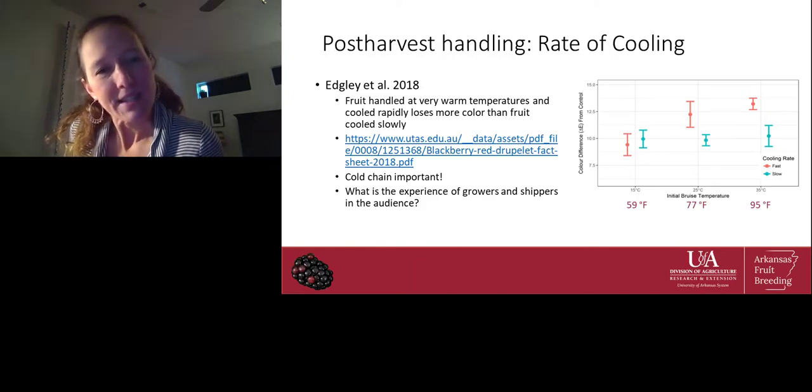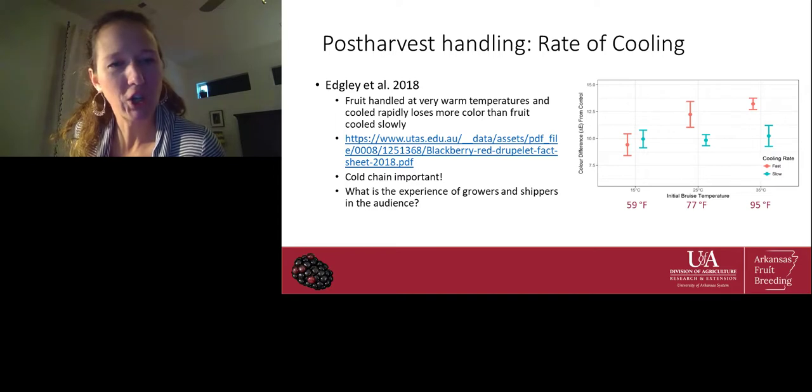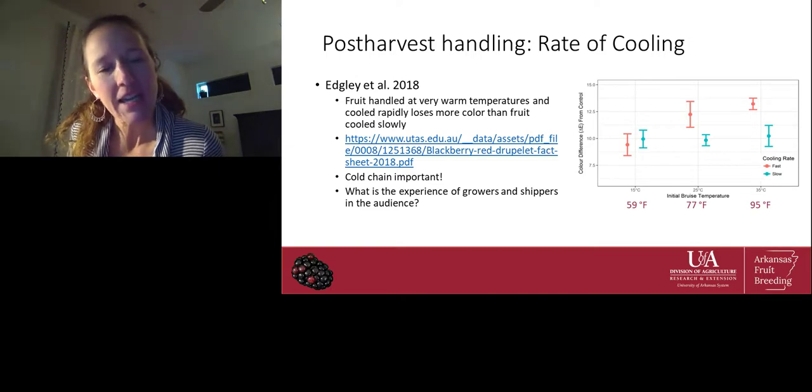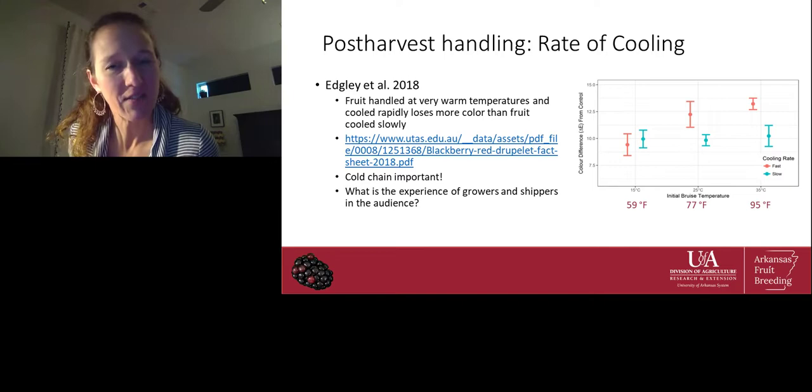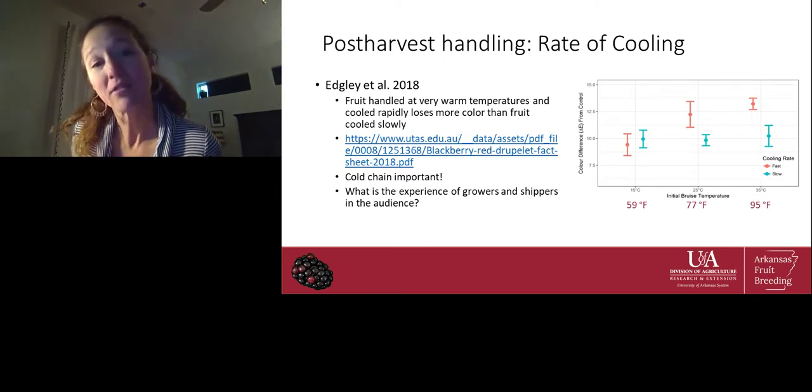The rate of cooling seems to have an effect. This is another study conducted by Max Edgley, and it hasn't been published in a full journal article yet. It's just in a fact sheet. He looked at fruit that was bruised initially at different temperatures, at 59, 77, and 95 degrees Fahrenheit, and then he cooled that fruit rapidly versus slowly.